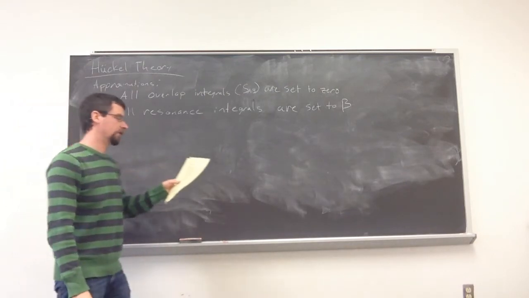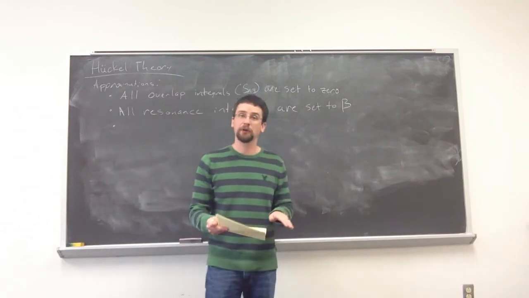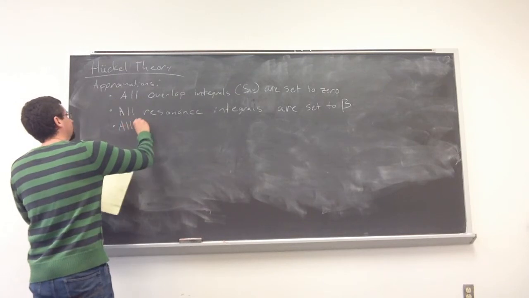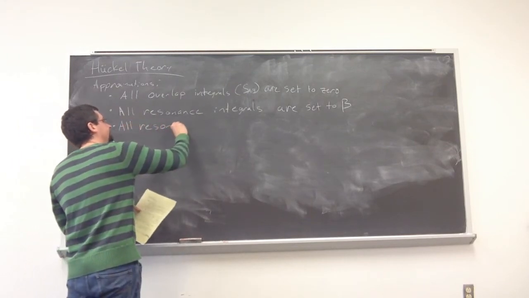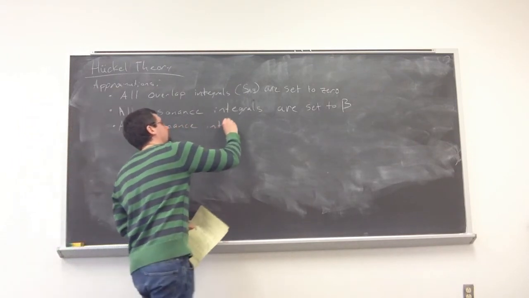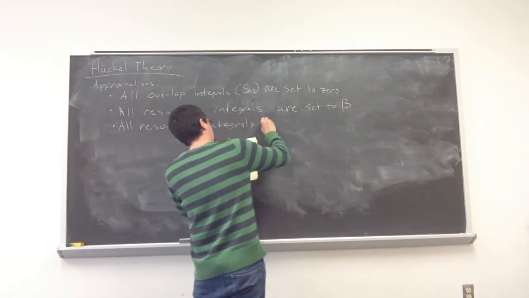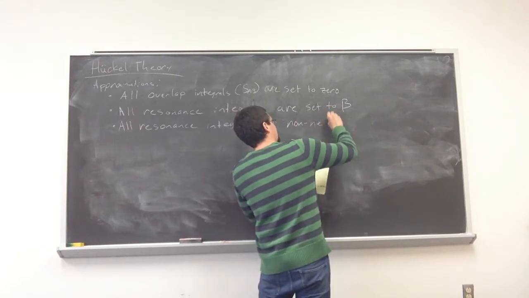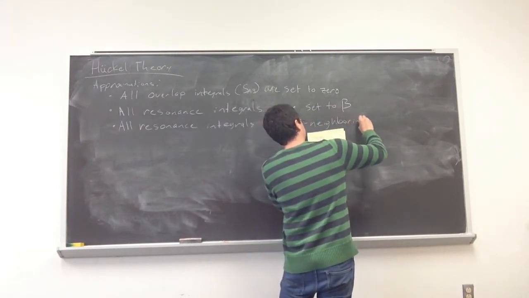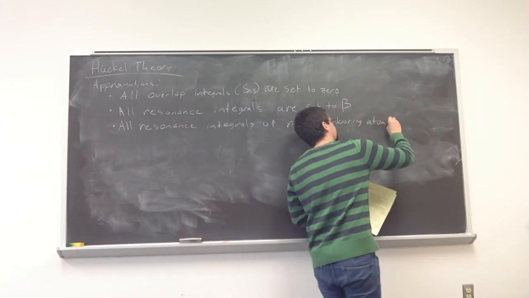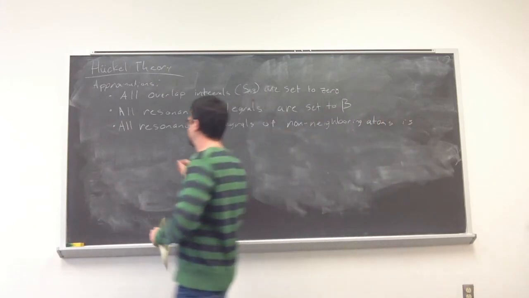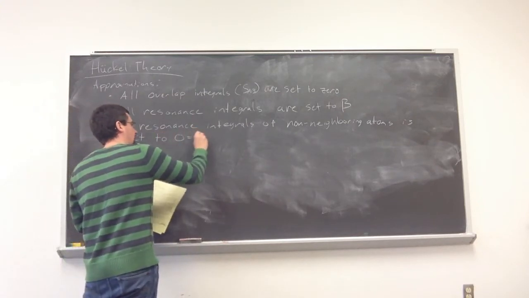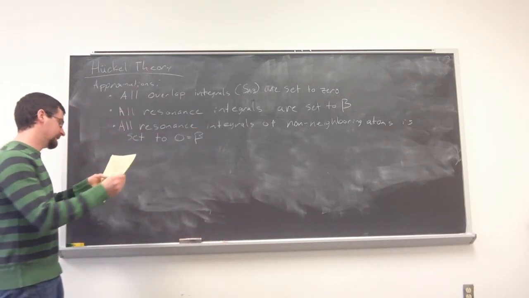All resonance integrals between non-neighboring atoms are set to 0. So all resonance integrals of non-neighboring atoms are set to 0. So beta is equal to 0 in that case.